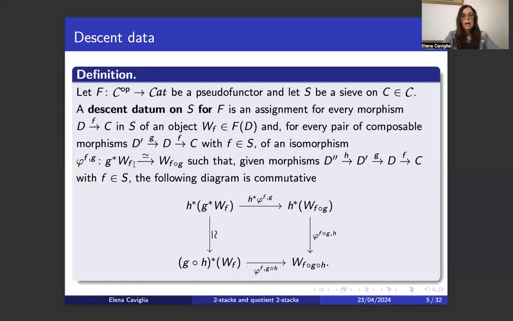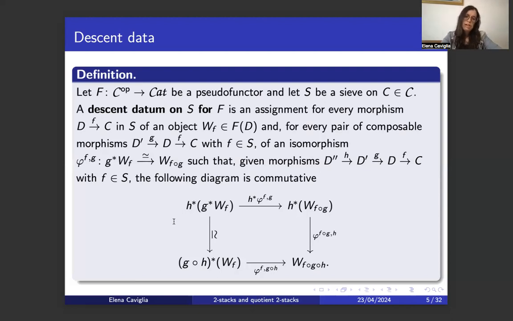And this bunch of isomorphisms that we get for every F and G are compatible in the sense that if we now take a chain of 3 morphisms where the last one is in the sieve, we have a commutative diagram of this form.